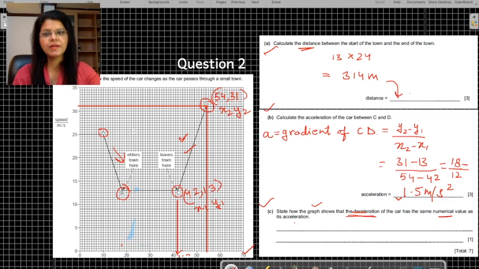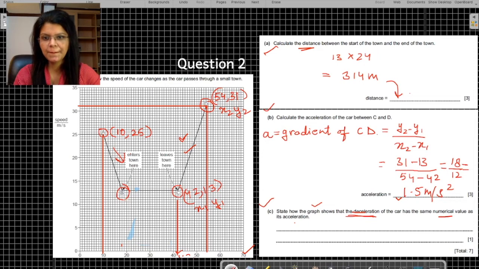Let us write the coordinates of the points A and B. What are the coordinates of point A? A is 10 and 25.